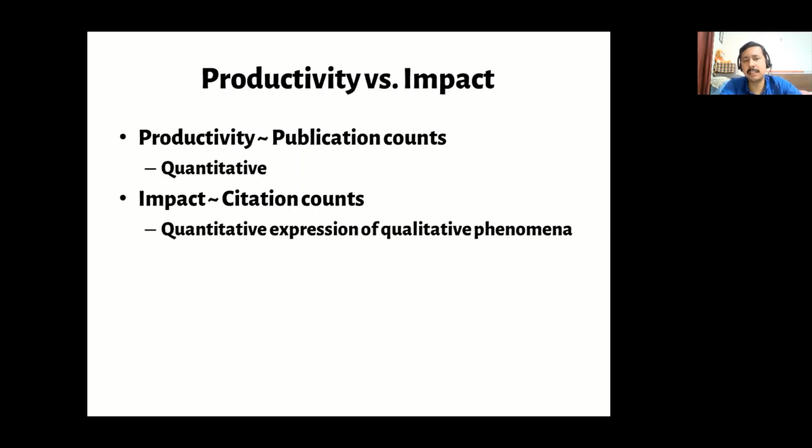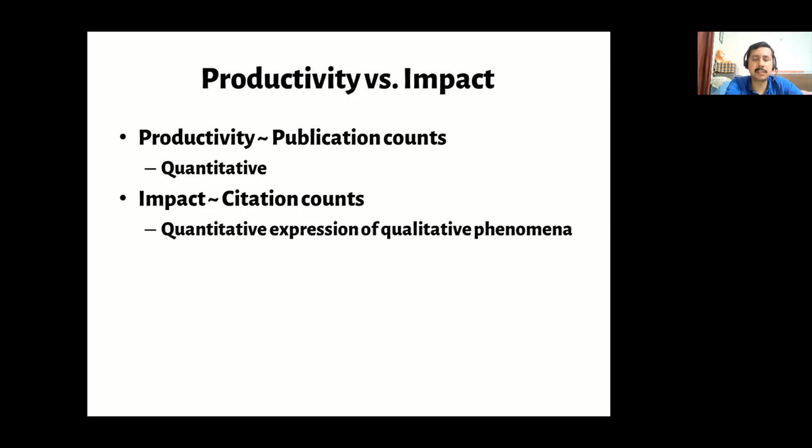It is a quantitative expression. It simply means that an author who has a higher number of publications is considered more productive than one with a lesser number of publications. On the other hand, impact has a different connotation.